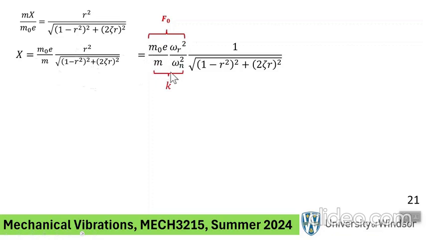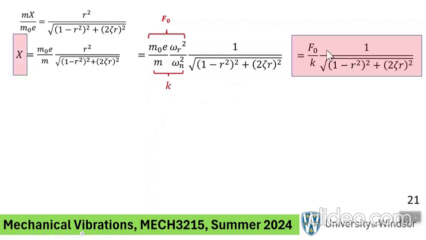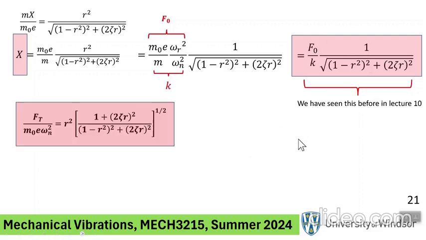And this is the product of the mass of the machine, the natural frequency squared, which is the stiffness of the spring. So notice that it is of the form amplitude equal to F naught over K times this thing that we call the magnification factor, by the way. And this you have seen in chapter 10, before we even discussed the rotating unbalance. And that confirms the fact that rotating unbalance is a special form of a mass-spring-damper system under a harmonic load.